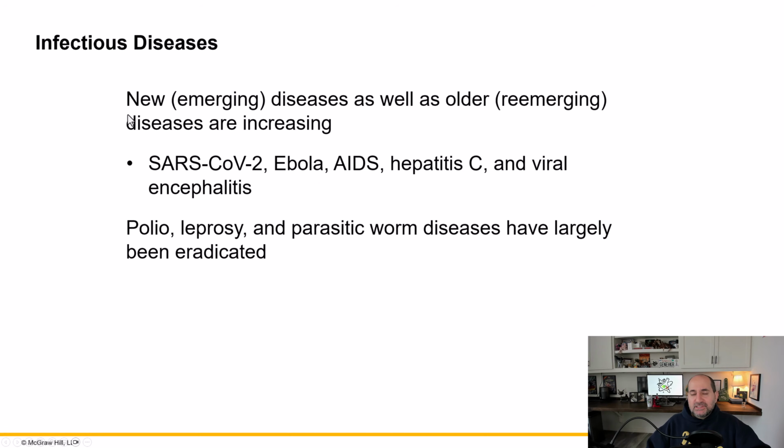And at any point in time, there are always new, also known as emerging, diseases coming around, like the ones we've been struggling with the last few years, COVID-19, as well as older diseases that are coming back around or re-emerging, such as Ebola or AIDS, for instance.